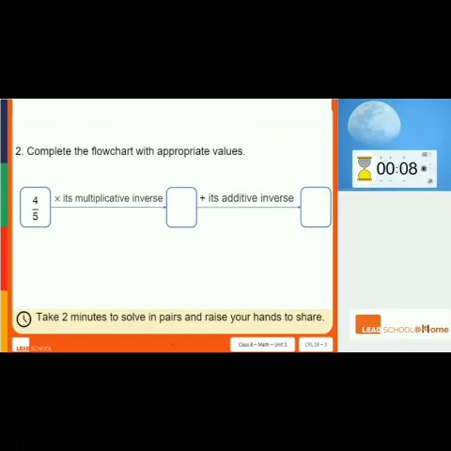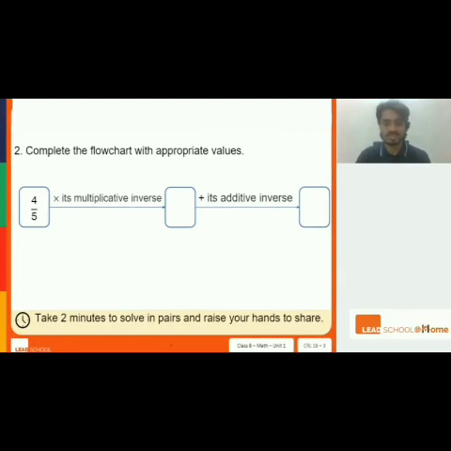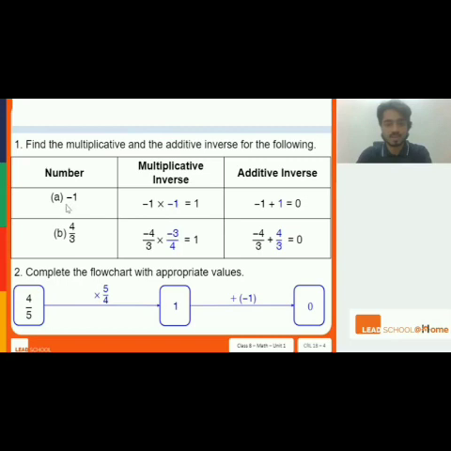Last 10 seconds. 3, 2, 1 and 0. Let us check the answers now. So the first question was to find the multiplicative and additive inverse. The first part was -1.